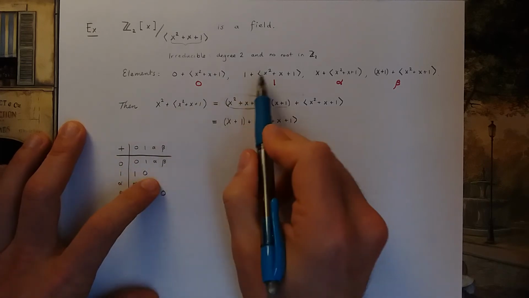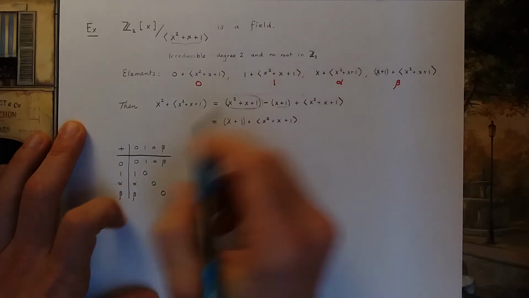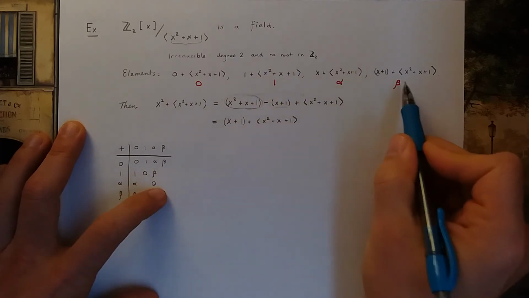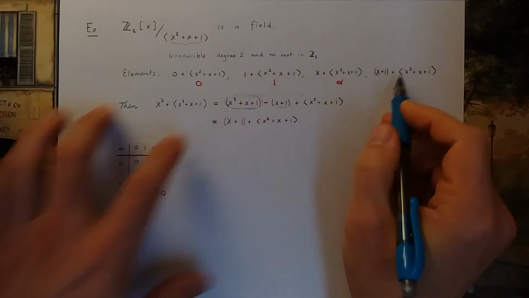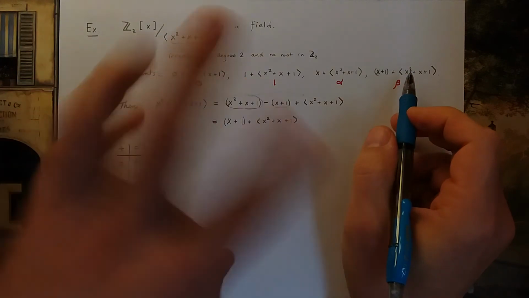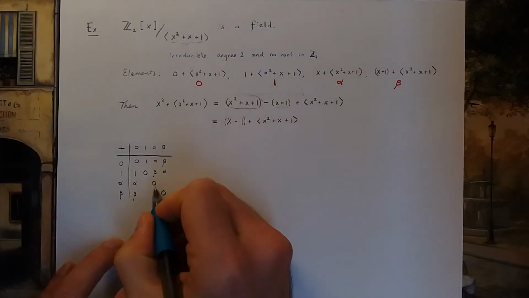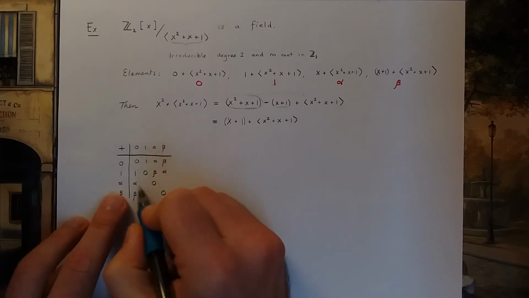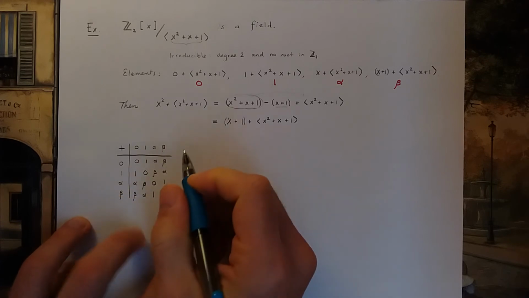If I do 1 plus alpha, I get beta. And if I do beta plus 1, the plus 1 and plus 1 adds to 2, and then 2 in Z2 is 0. So this gives me alpha. And you could fill in the rest of the table if you'd like. I think this gives you beta, 1, and then alpha, 1.